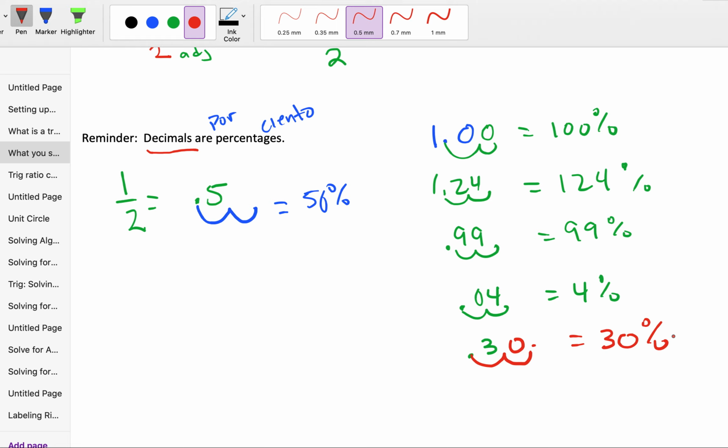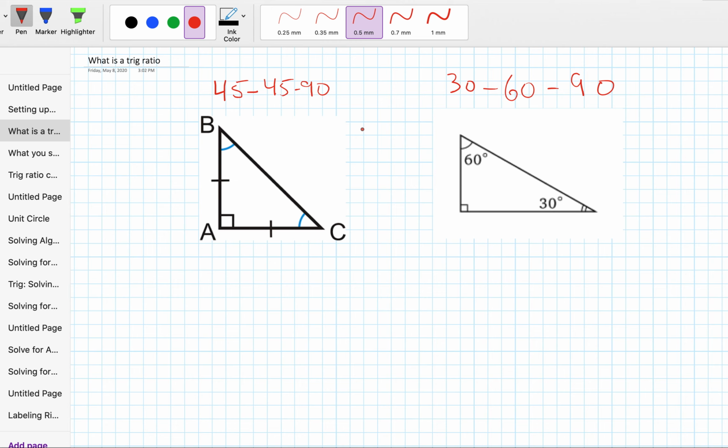This will help us to understand that the decimals we're getting are really percentages of one side compared to the other side. So one way to look at trig ratios is to look at something we're familiar with. We were taught about 45-45-90 and 30-60-90 triangles.